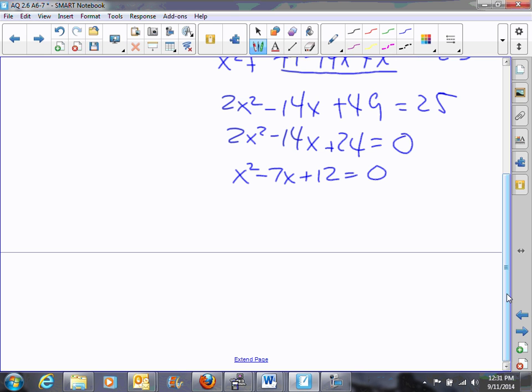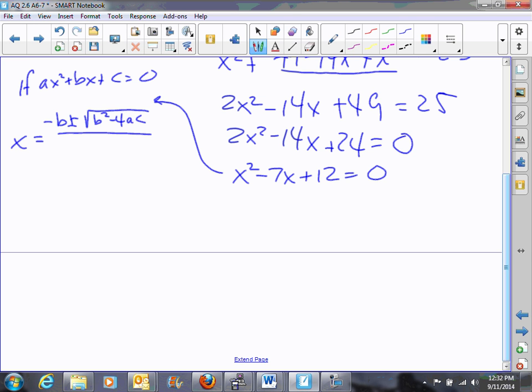Now, on this one, we could probably factor this equation to solve it. And if you know how to do that, that's great. It's fine with me if you do that. But what I'm going to do here is just make use of what I'm hoping is prior knowledge. In other words, if ax squared plus bx plus c equals 0, then x is equal to negative b plus or minus the square root of b squared minus 4ac all over 2a.